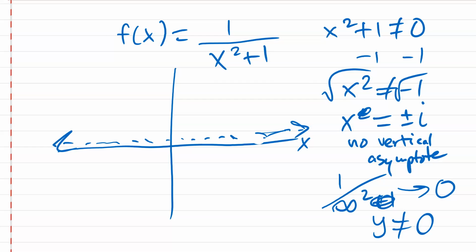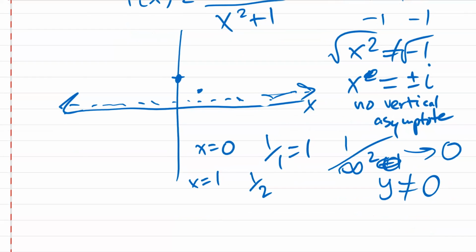Well, let's check. What happens when x equals 0? What is 1 over 1? It crosses at 1. What happens if x equals 1? 1 over 2. If x equals 3, 1 over 10. It's getting smaller, so this is where it's going to go down and get closer and closer, but never cross that horizontal asymptote.